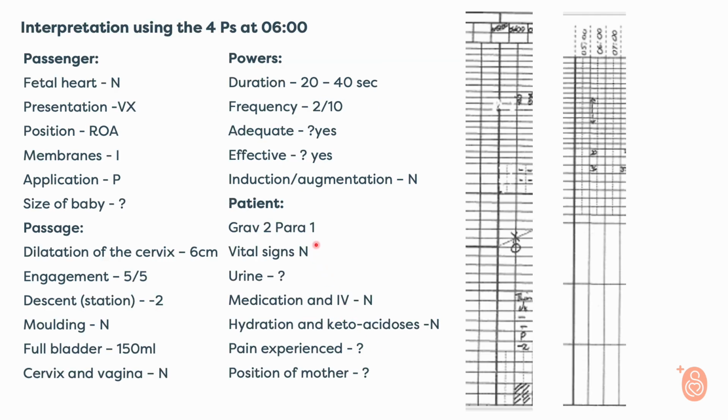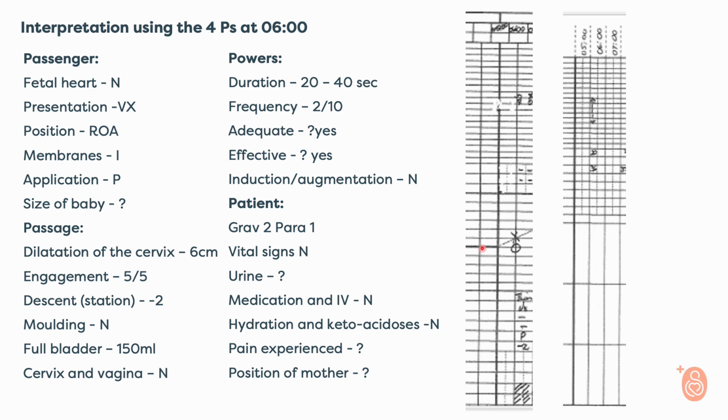Now, on this slide, we are at 6 o'clock on our Partograph, and I only have the active part of labor of the Partograph here, because at 6 o'clock the patient was 6 centimeters dilated and now in the active phase of labor. So it was recorded on the latent phase of the Partograph and then transferred to the active part.